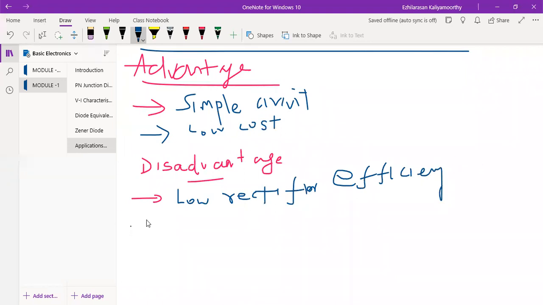Next, high ripple factor. Very important. Why am I saying it is high? The ripple factor for the half-wave rectifier is 1.21. Normally, the ripple factor should be less than 1.